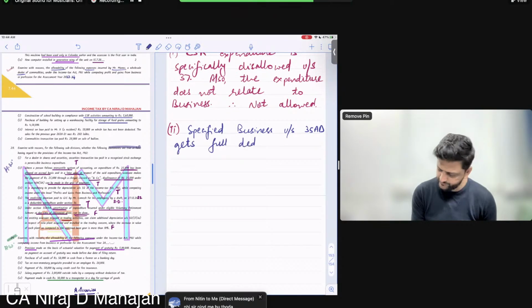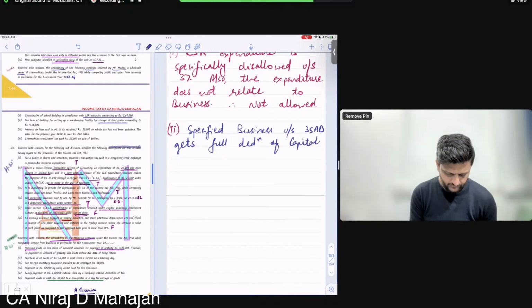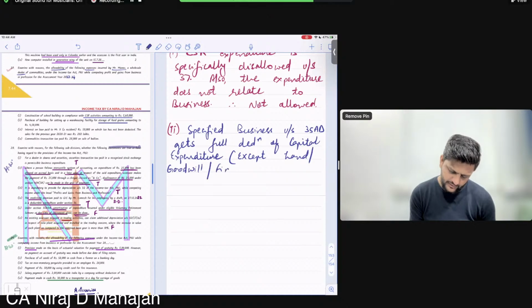Indrajit, okay? In brackets, except land, goodwill, financial instrument.